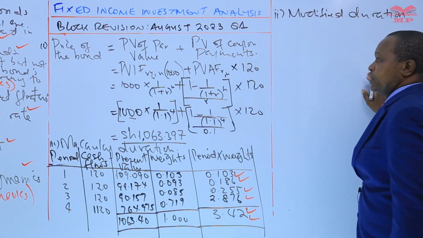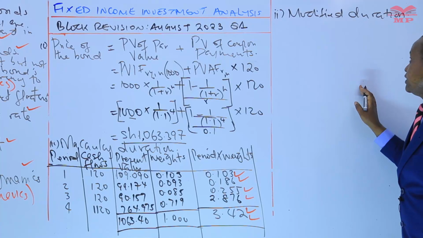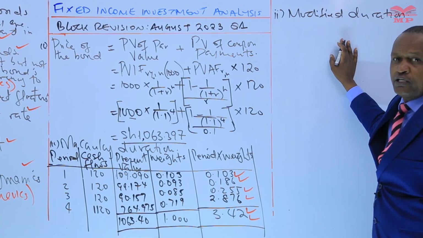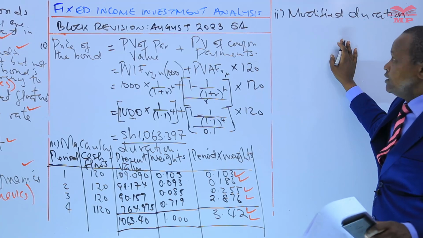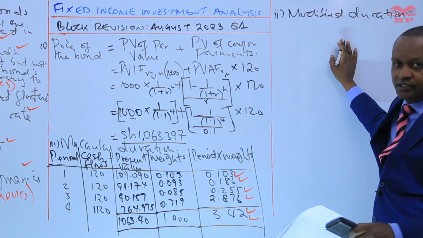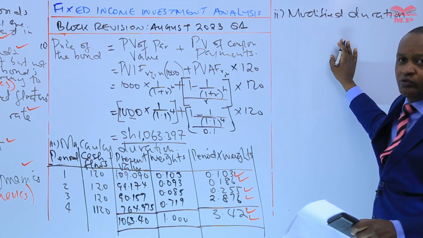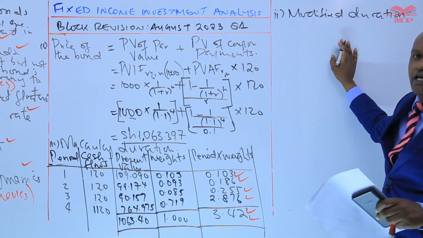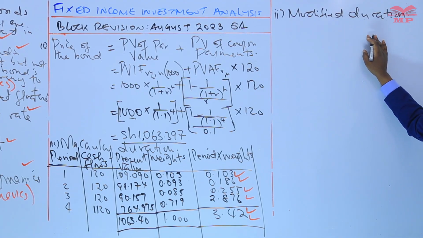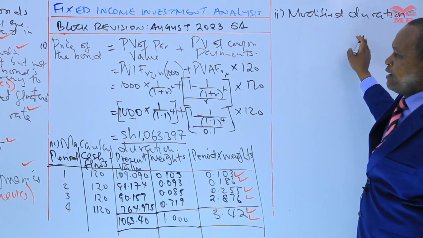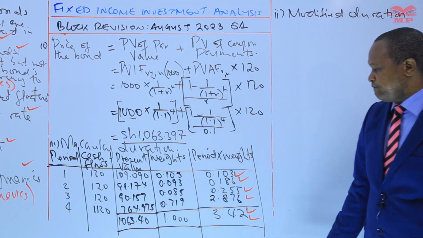Modified duration. Now here, what is being modified? Here, candidates, is a refinement or a more precise measurement. The modified duration is a more precise measurement of the bond's price sensitivity to changes in interest rates compared to the Macaulay duration.